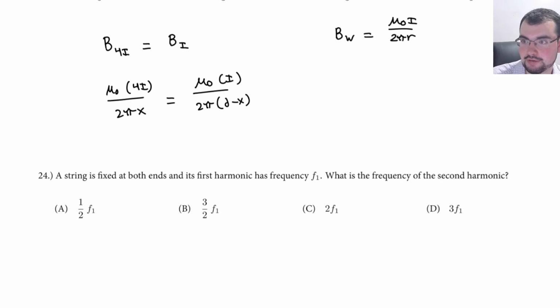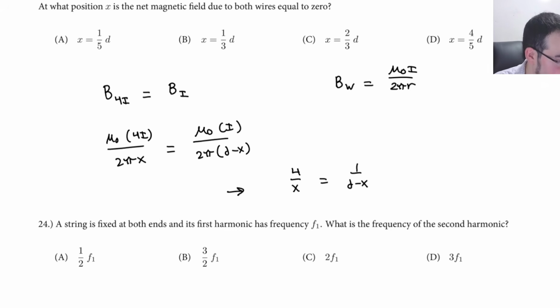Now a whole bunch of stuff cancels, and this equation turns into 4 over x equals 1 over d minus x. Flipping both sides over, or cross multiplying rather, is probably easier. We would get 4 times (d minus x) equals x. So 4d minus 4x equals x.